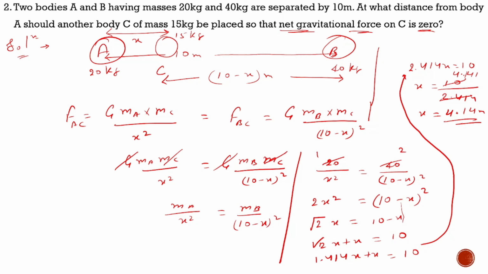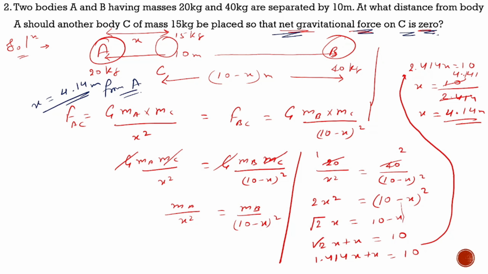So the mass C should be kept at a distance of approximately 4.14 meters from A, so that the net gravitational force on C is 0.